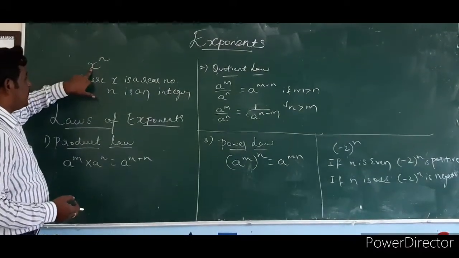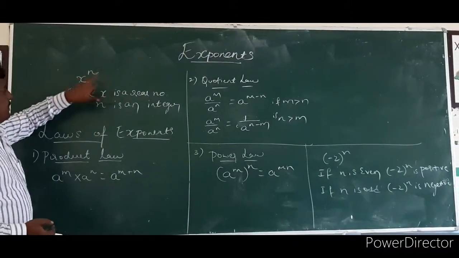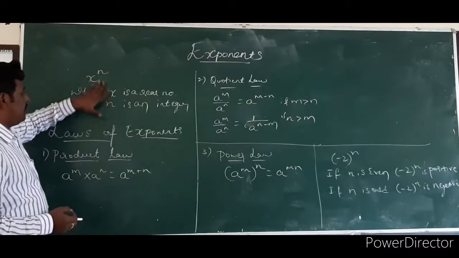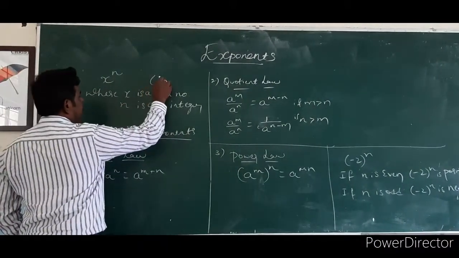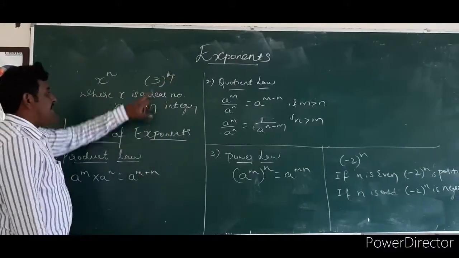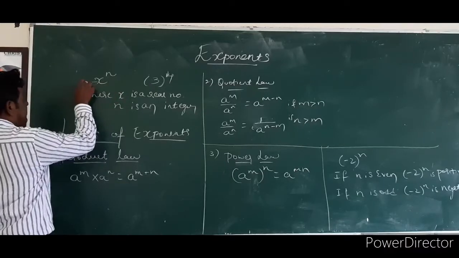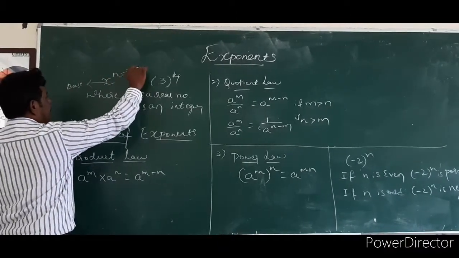So how to read this expression x to the power of n, where x is a real number, n is an integer. Suppose you have taken 3 to the power of 4, 3 is what? Base. This is called base. This is called power.